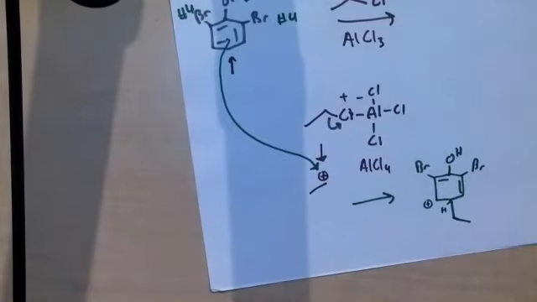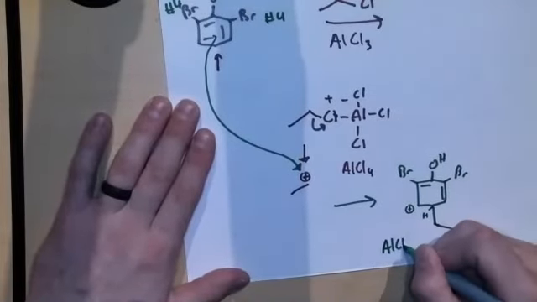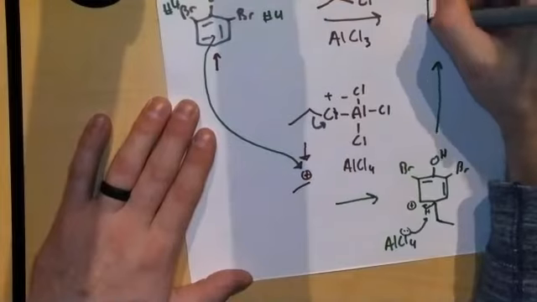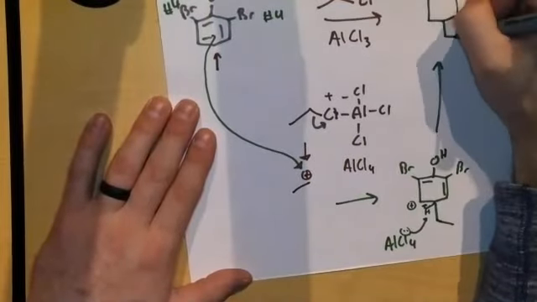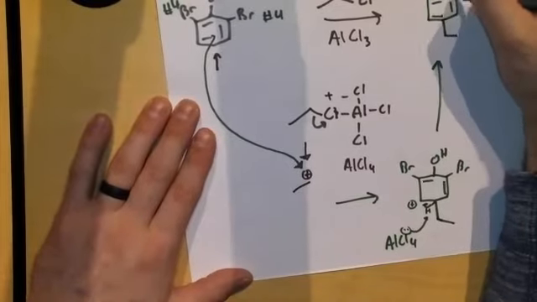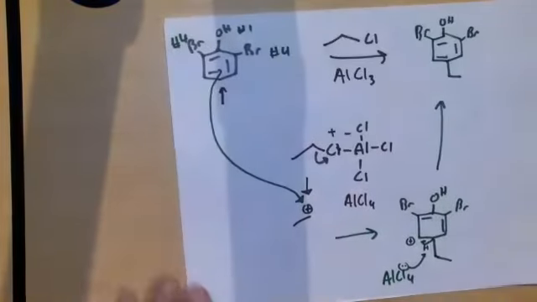Make a new carbocation in a ring. AlCl4 can pull off our proton to aromatize. And we can alkylate our ring. So this lets us add any sort of carbon group we want to the ring. There's going to be a problem with it that I will talk about in a second.